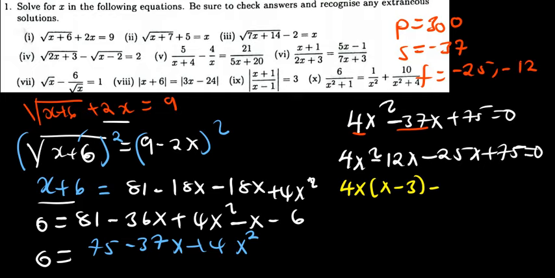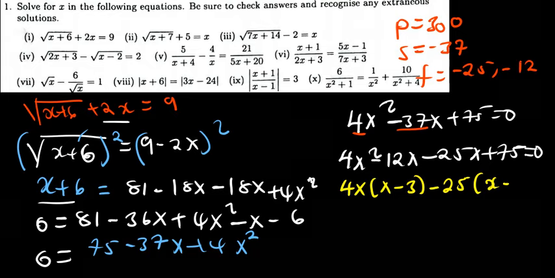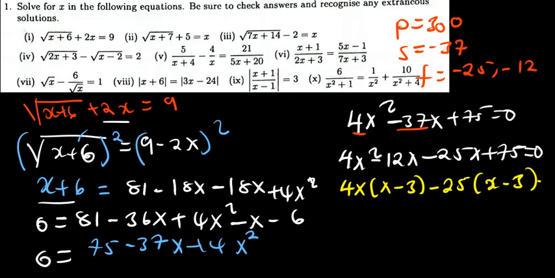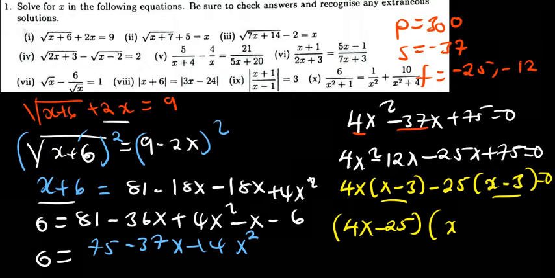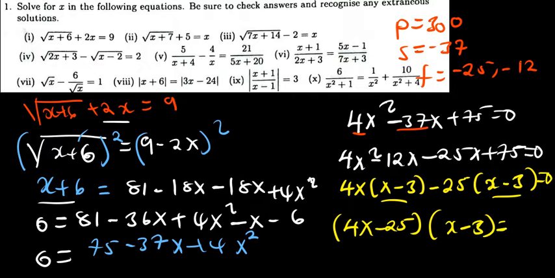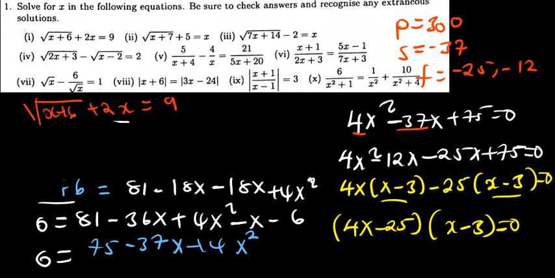Then I factor out negative 25 from the last two terms, remaining with x minus 3, since 75 divided by 25 is 3, is equal to 0. Since these brackets are the same, we just get one. So it will be 4x minus 25, then x minus 3, is equal to 0.